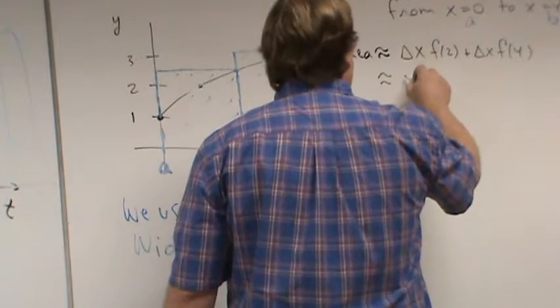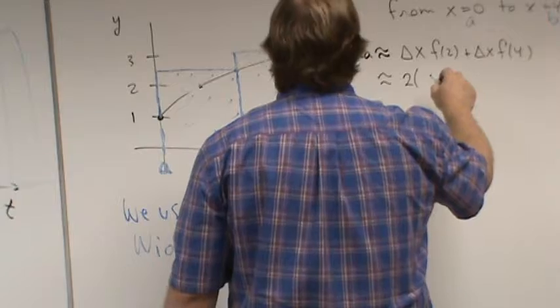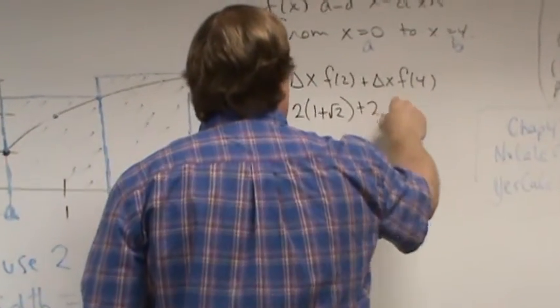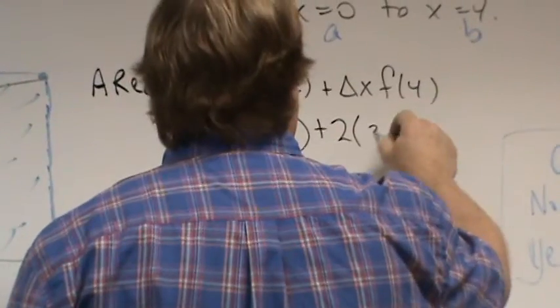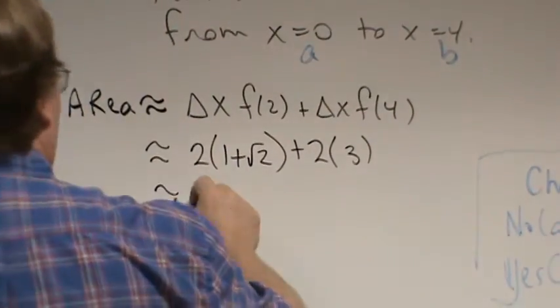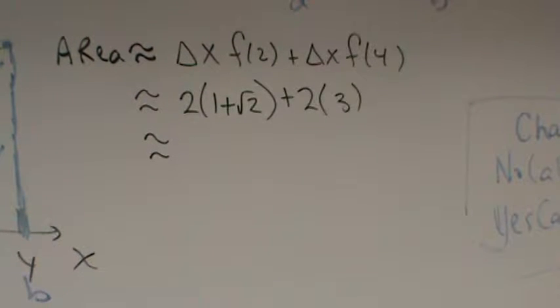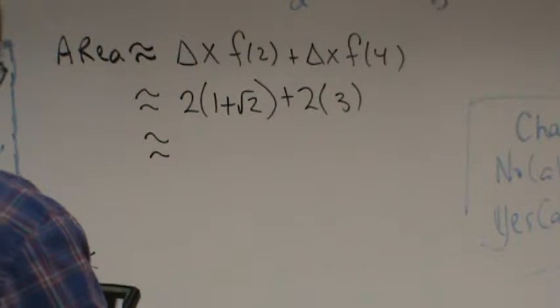So the area is going to be 2 times, what is that, 1 plus radical 2, plus 2 times 3. So I get an area of, just a second, 2 times (1 plus radical 2) plus 6.